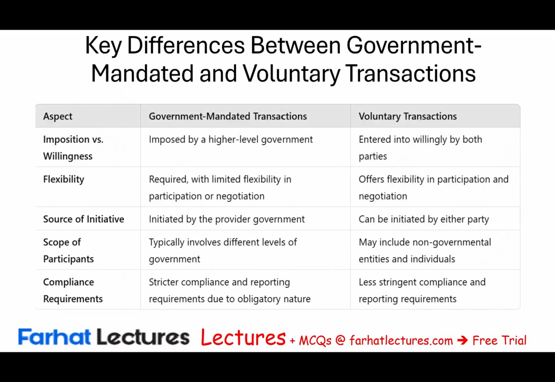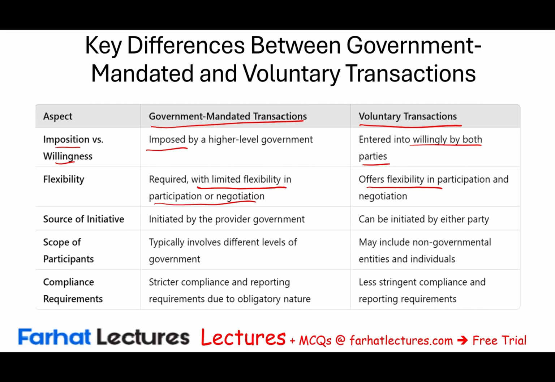Now, it's very important to look at the voluntary transaction criteria versus the mandated transaction criteria just to get an idea. When it comes to imposition versus willingness, the mandated one is imposed by a higher level government. Voluntary is entered into willingly by two parties. How about flexibility? Well, the mandated one has limited flexibility in participation or negotiation. In a voluntary one, there's flexibility in negotiation. What do you want to do with this money?